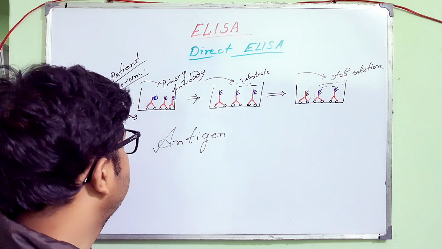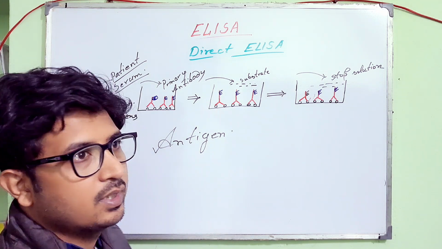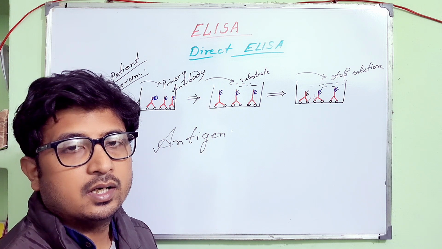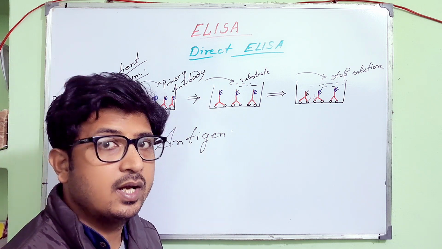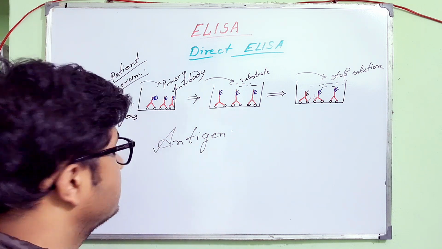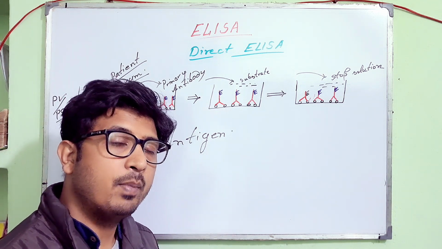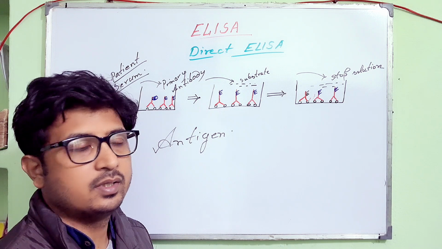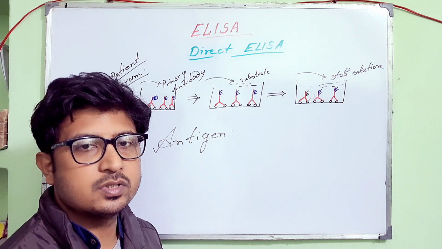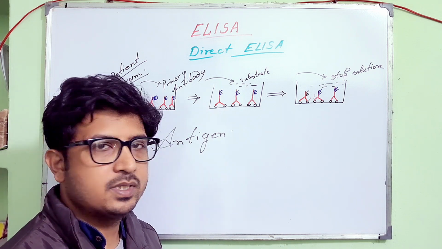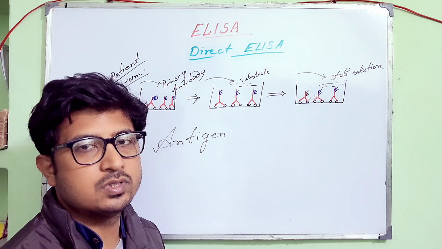Okay. So if the patient serum contains more concentrated antigens and you are not washing them, there will be a presence of more antigens there. Okay, that will give you a high positive, or if the patient is low positive, it will give you a high positive result.